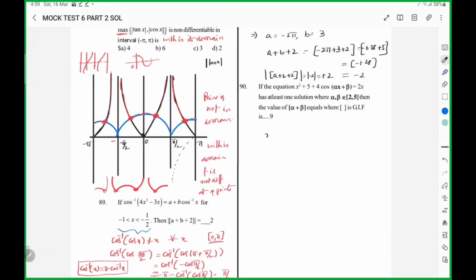Here x squared plus 5 plus 4 cos of alpha x plus beta, which is 2x. So x squared minus 2x plus 5, 4 cos of alpha x plus beta. X minus 1 whole squared plus 4.